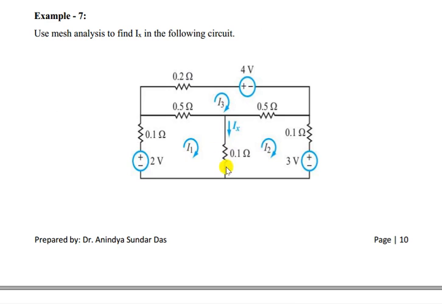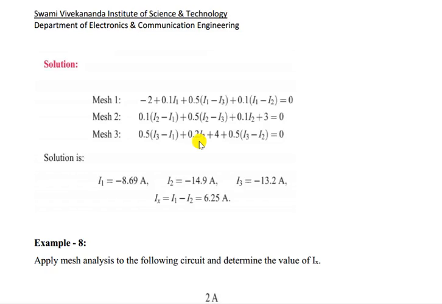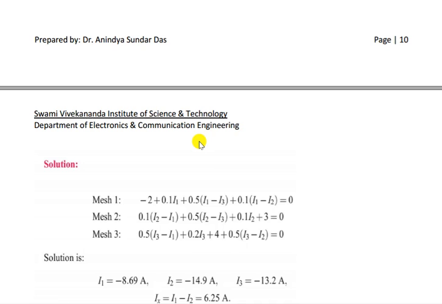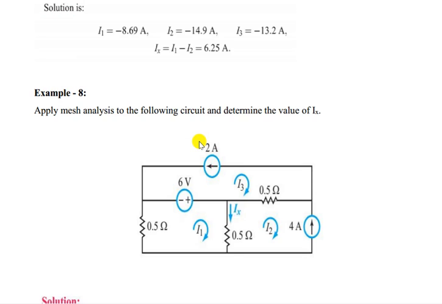I2 is flowing also through this 0.1 ohm, that will be with negative sign. I3 also flowing through 0.5 ohm, that will be negative sign. So that way we can write the matrix method by inspection. That we will solve one problem later on.